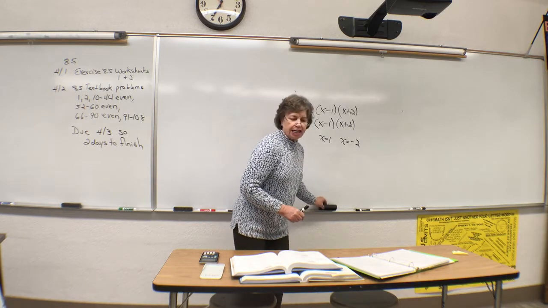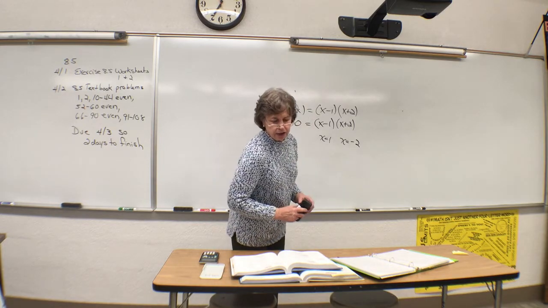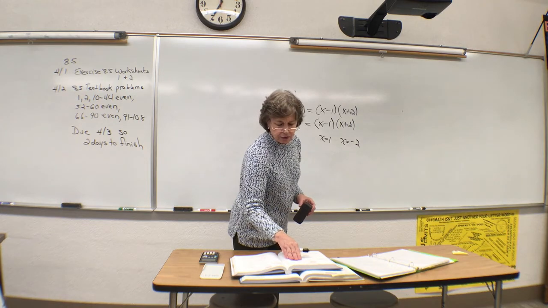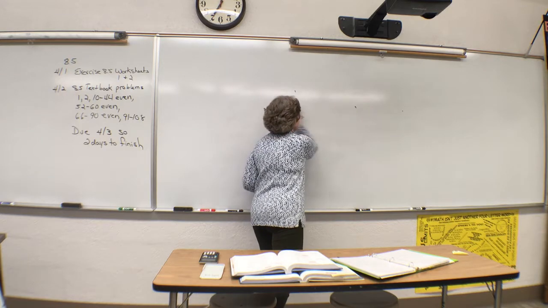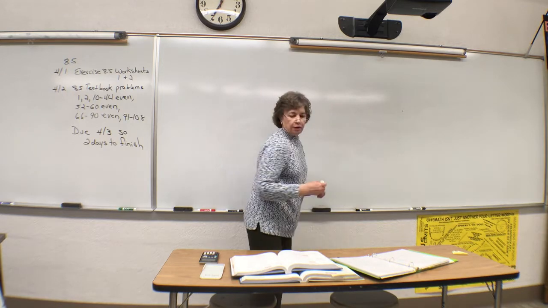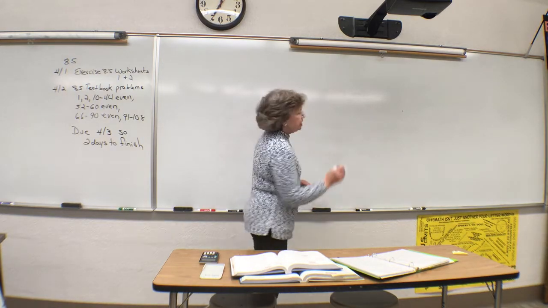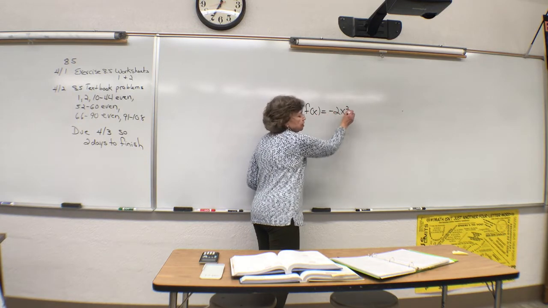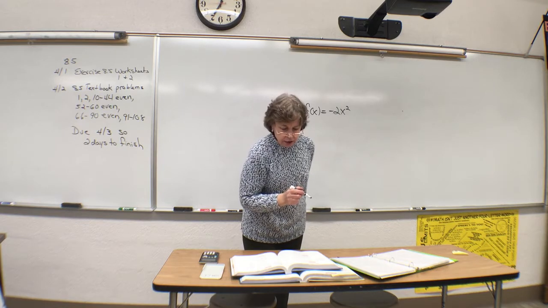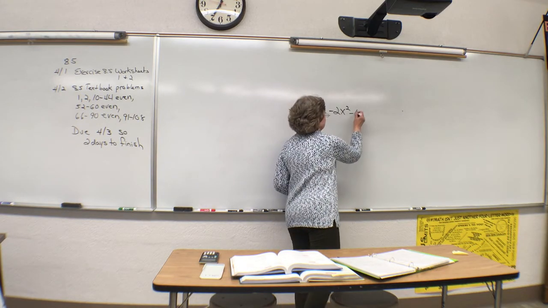If you turn the page and look at example number 4, you're finding the zeros for the equation that's given, f of x equals negative 2x squared minus 10x minus 12.